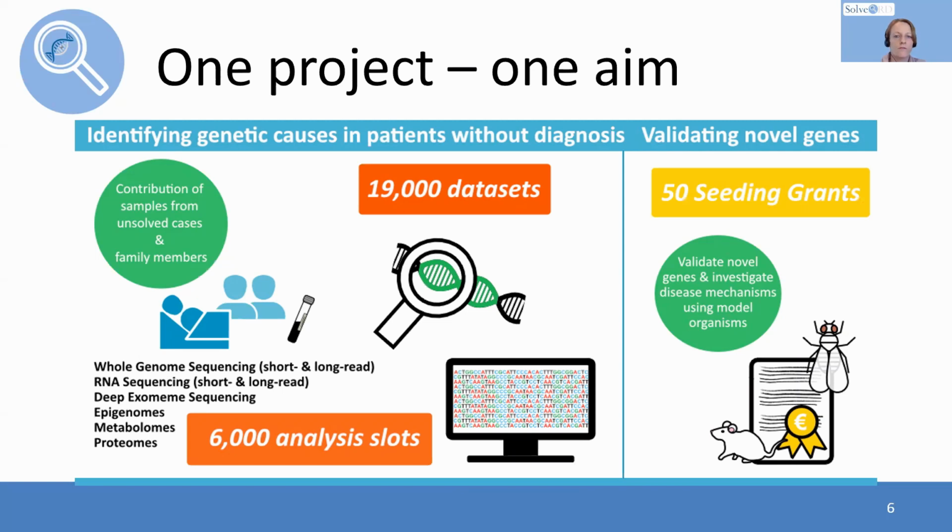For that, Solve-RD follows 3 main approaches. First, massive data collection and reanalysis. Second, applying sophisticated combined novel omics approaches. And third, by supporting candidate gene validation projects in model organisms.